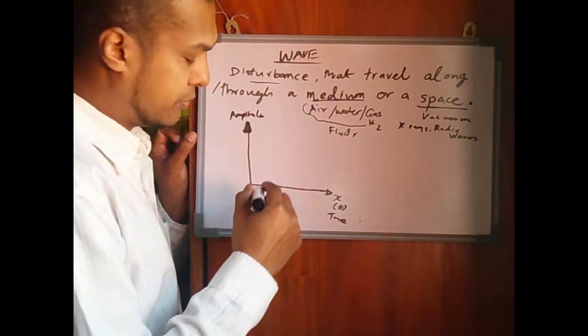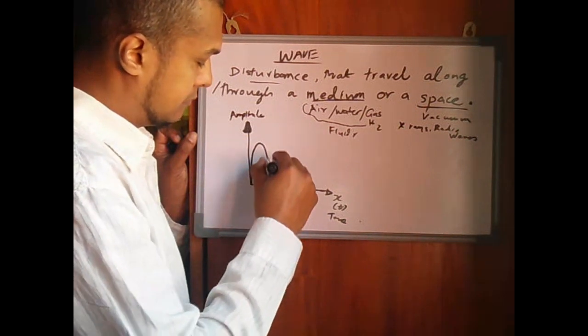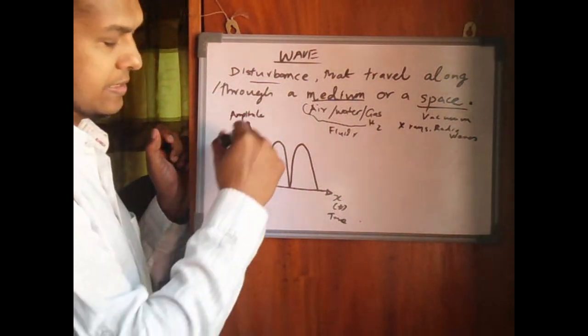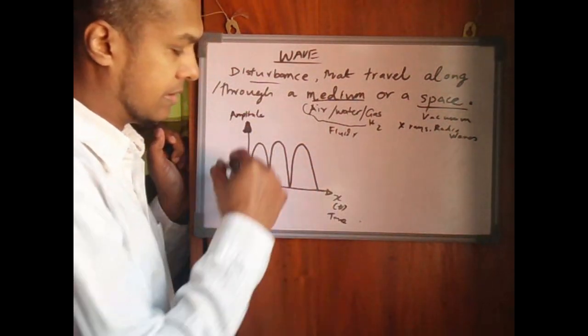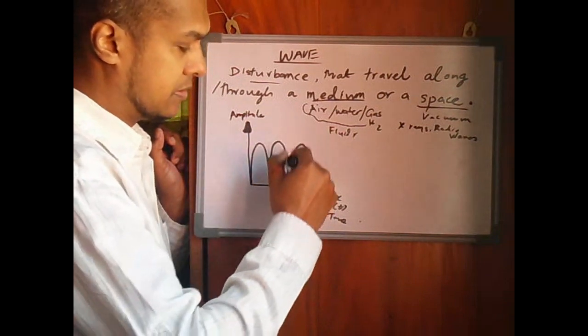So now we put a graph in there. That is a certain type of wave that travels across a path.